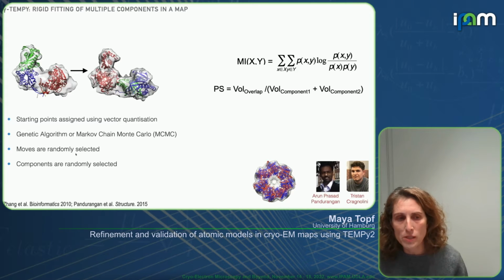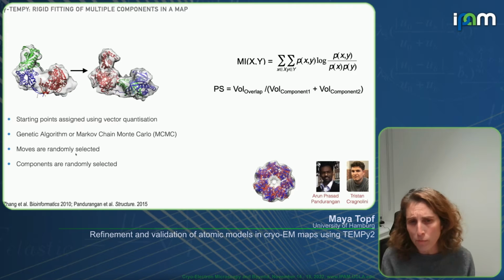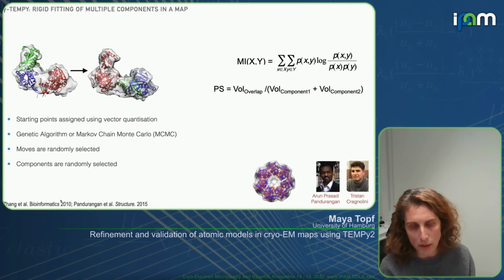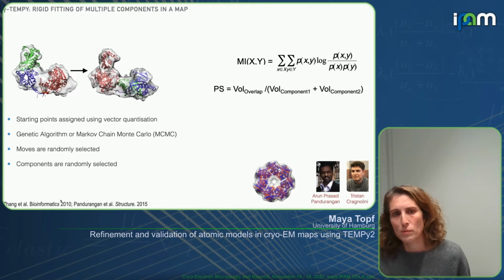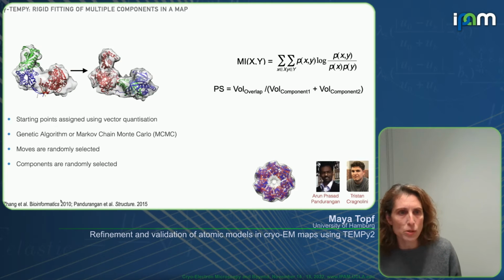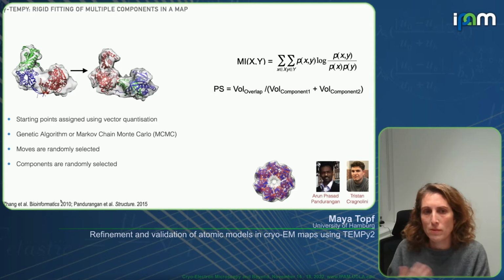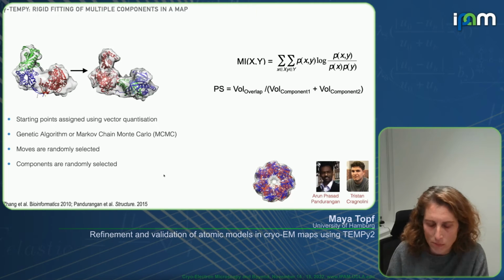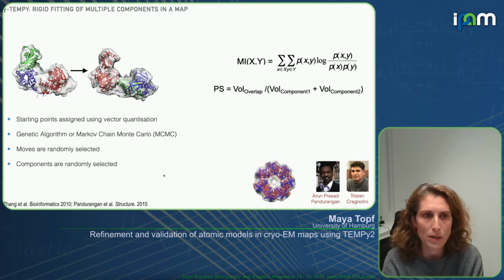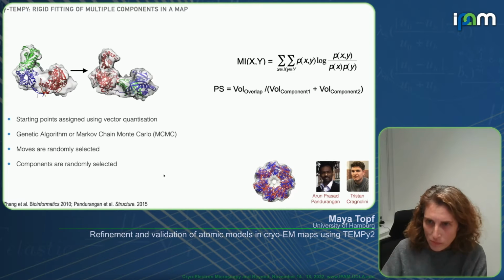Basically, it uses a genetic algorithm in the original paper, but we have since added a Monte Carlo method to do the optimization. The method performs pretty well at 10 angstrom resolution and even down to 15 angstrom resolution. It's less good at 20 angstrom resolution. But given the current situation with structure prediction, this problem has become less relevant for very low resolution.